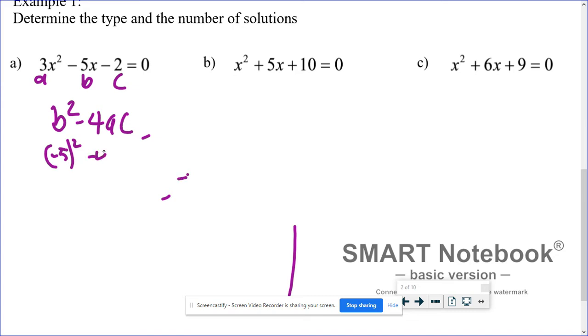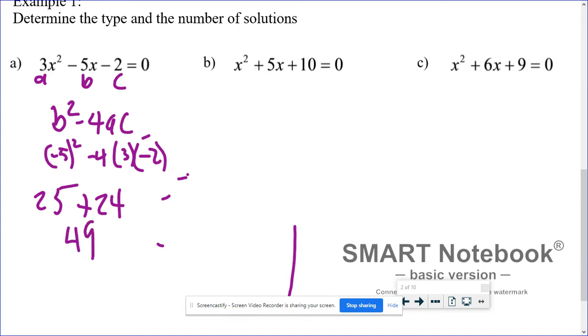Then you have minus 4 times a, which is 3, times c, which is -2. -5 squared is 25. -4 times 3 is -12. -12 times -2 is positive 24. So you end up with a discriminant of 49. It doesn't matter that it's 49, other than the fact that it's positive. Because that number is positive, there are two real solutions.